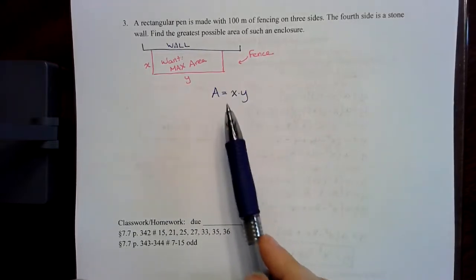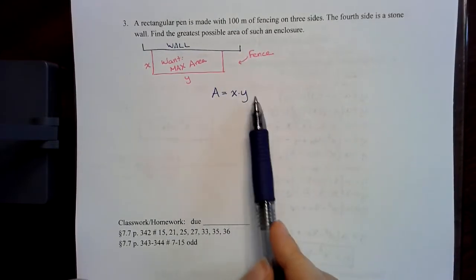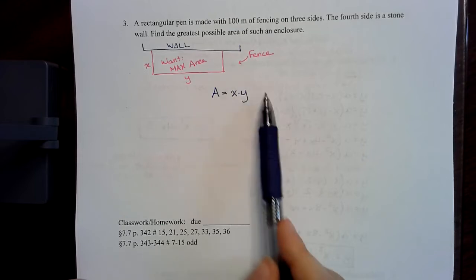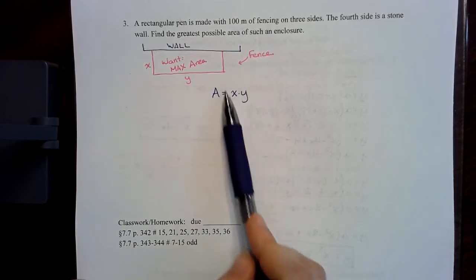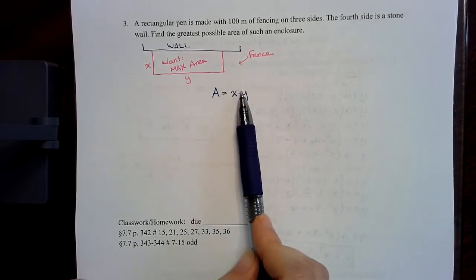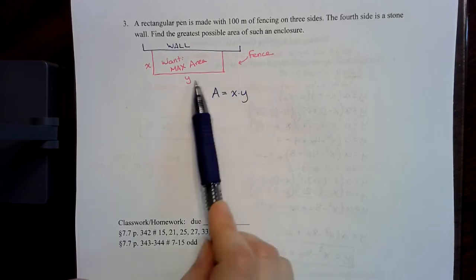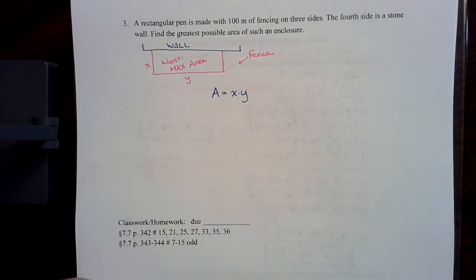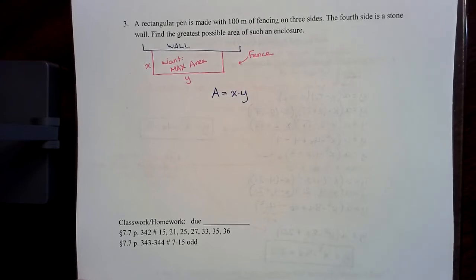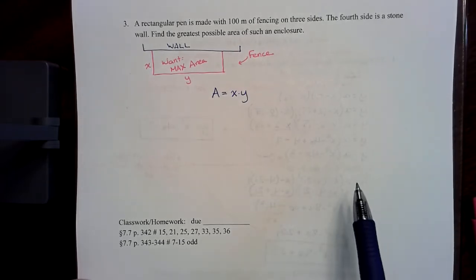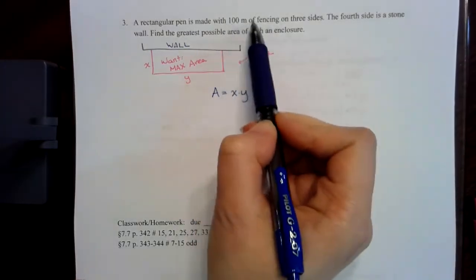But this isn't helpful yet because I don't know how to deal with formulas that have 2 variables. So I need to do something else to decrease the number of variables. And the big thing we need to use is this 100 meters.